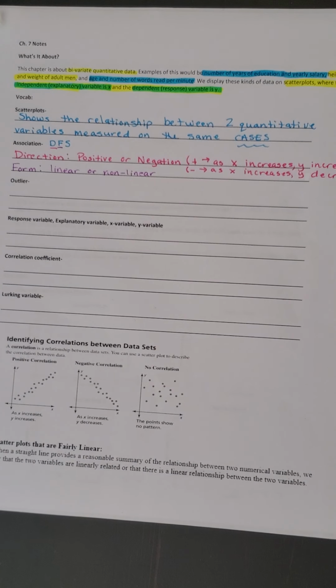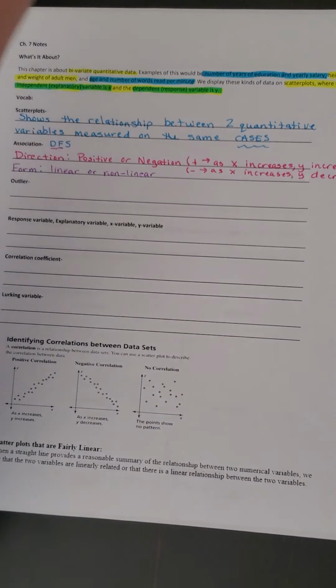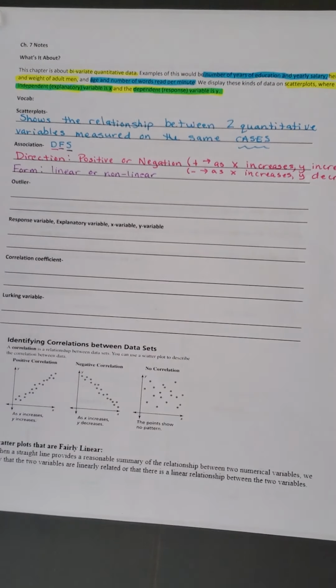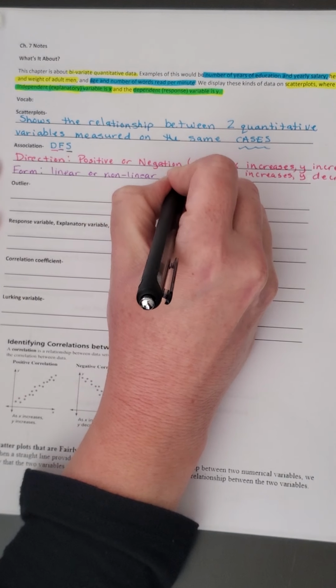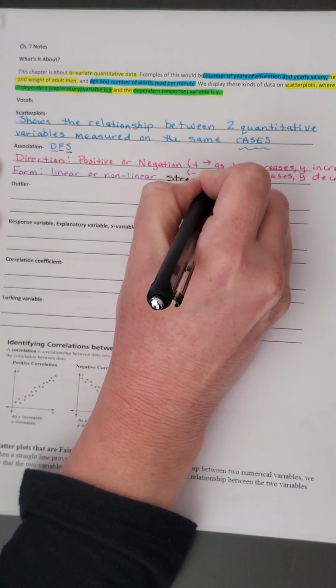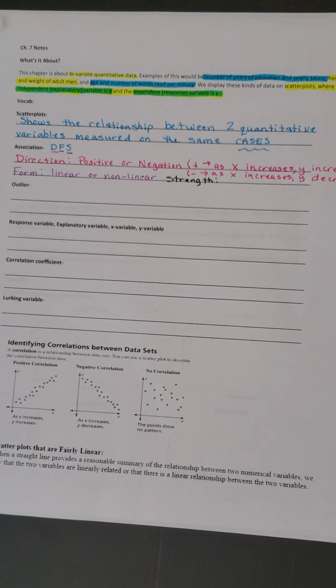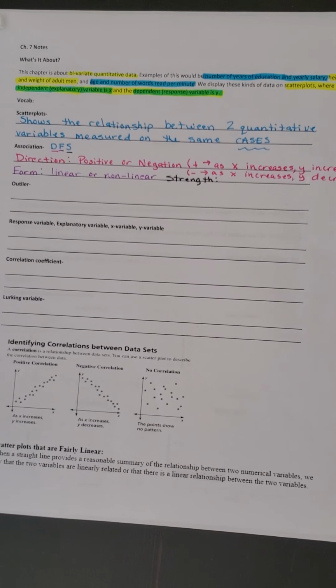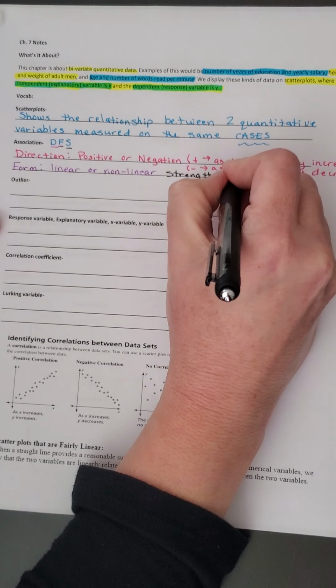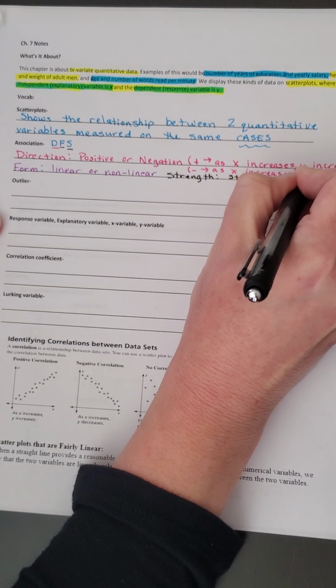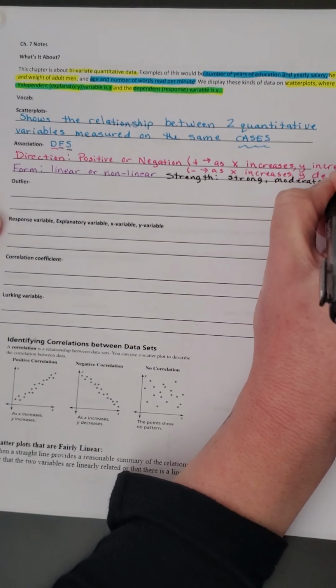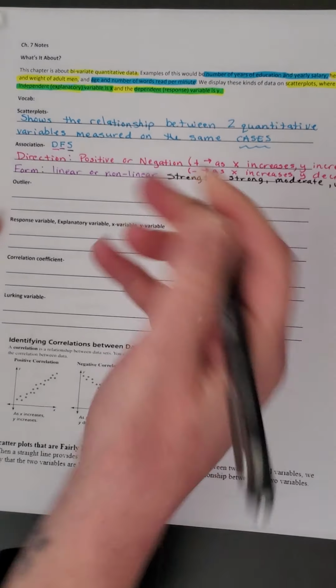And then finally, the last one, strength. The strength of the association is strong, moderate, weak, or there could be no strength.